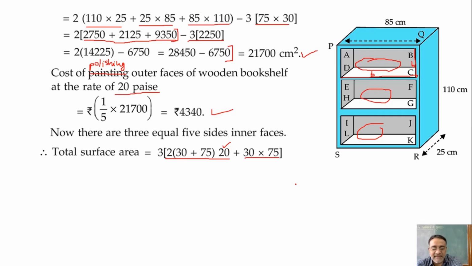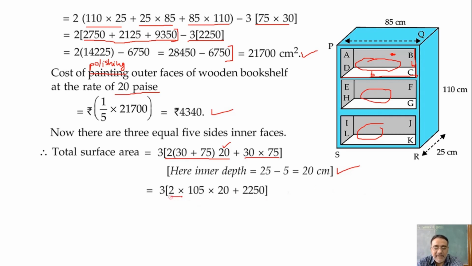The outer depth is 25, so there we have to subtract the thickness, because at the back side there is a thickness of 5 centimeters. That we have to subtract. So the inner depth will be 20. Is this clear? Yes, sir. Okay, so 3 into 2 into 105 into 20 plus 2250. If you multiply, you will get 4200 plus 2250, that is 6450 into 3.